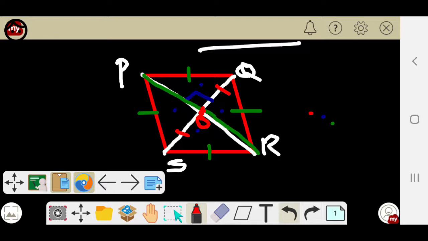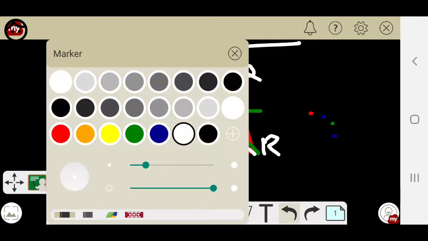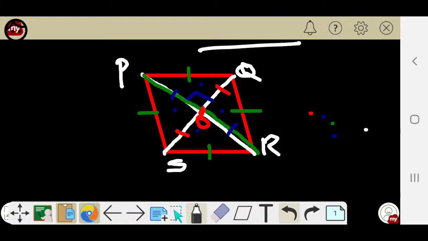So what we can tell? PO equal to RO. Yes, we can write these all here. What are the concepts we discussed?